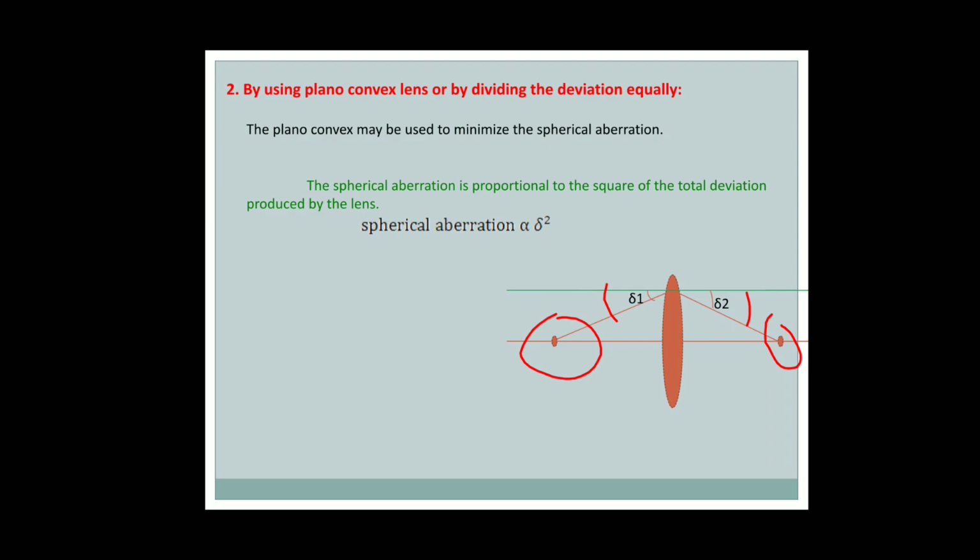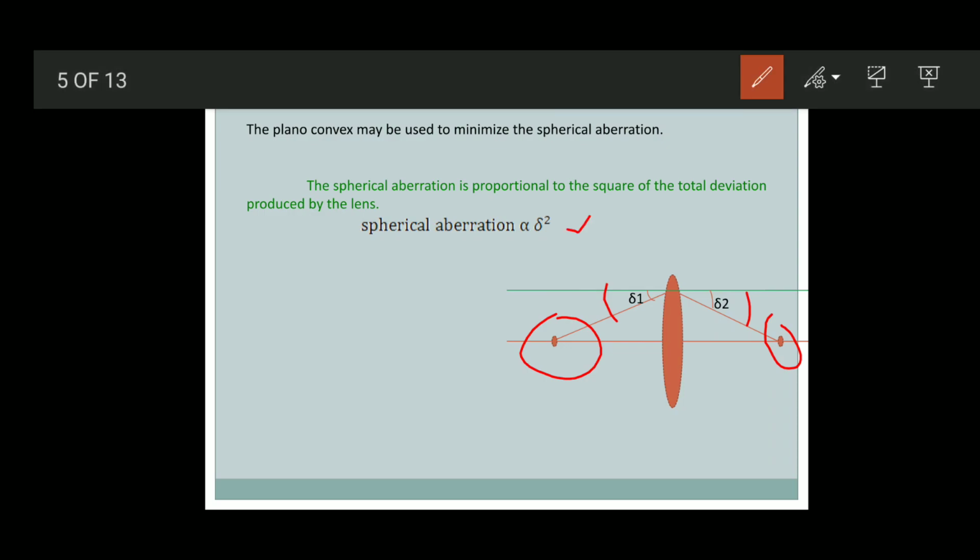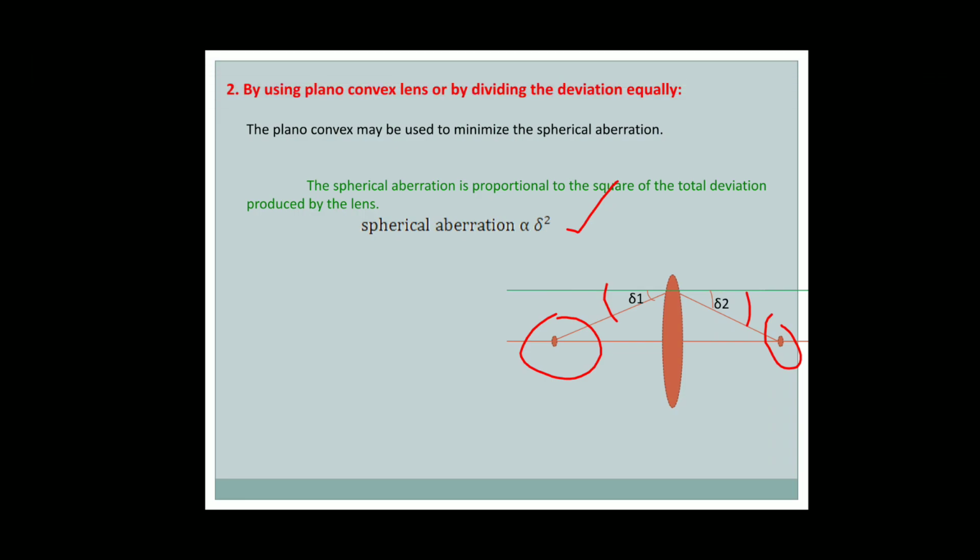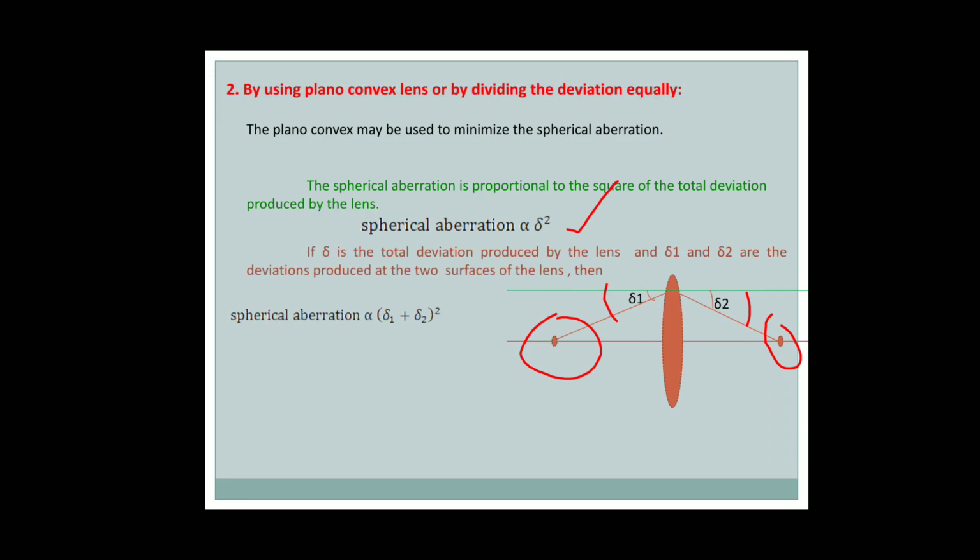So the spherical aberration is directly proportional to delta squared, where delta is the total deviation by the lens at the two curved surfaces. There are delta 1 and delta 2, the two deviations, so that delta is equal to delta 1 plus delta 2, the total deviation.